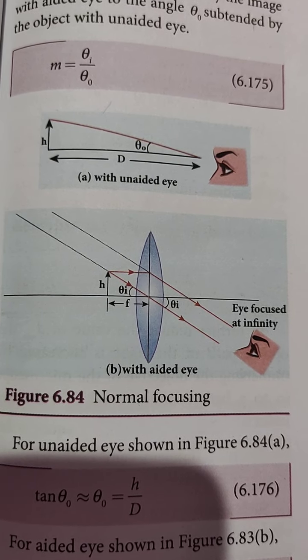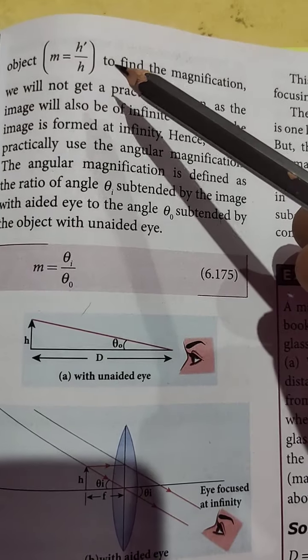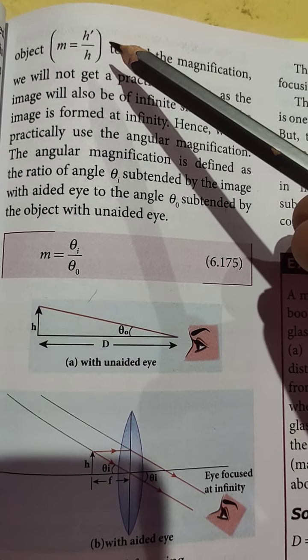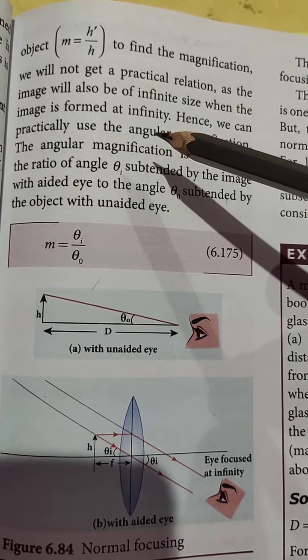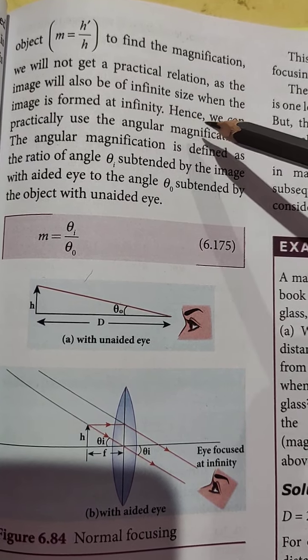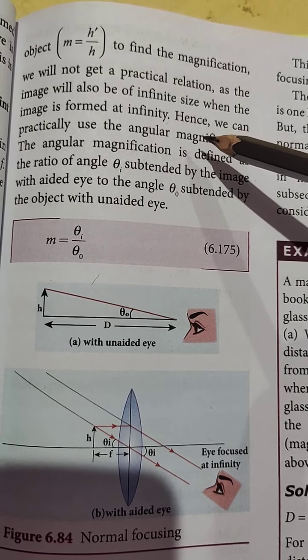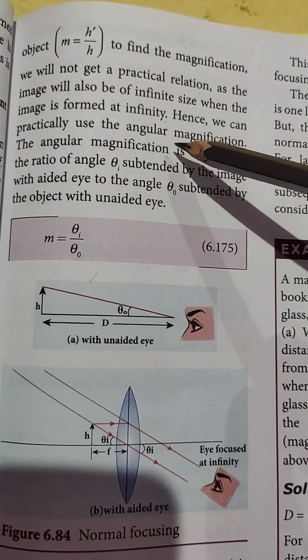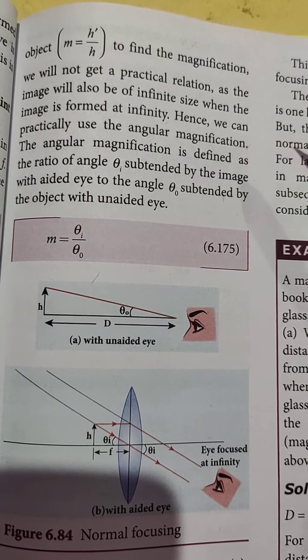If we take the ratio of the height of the image to the height of the object, magnification is represented as h dash by h. We will not get a practical relation this way, as the image will be of infinite size when formed at infinity. Hence, we practically use the angular magnification.